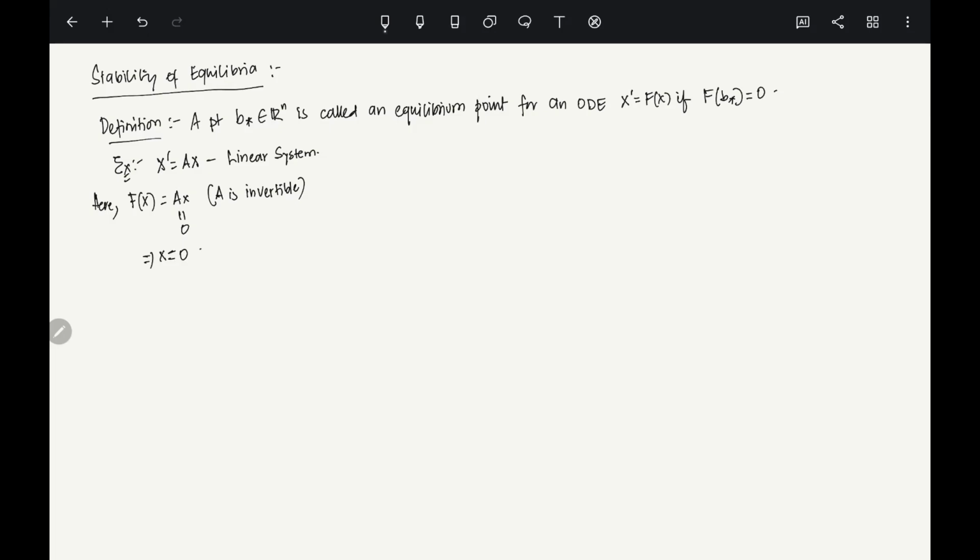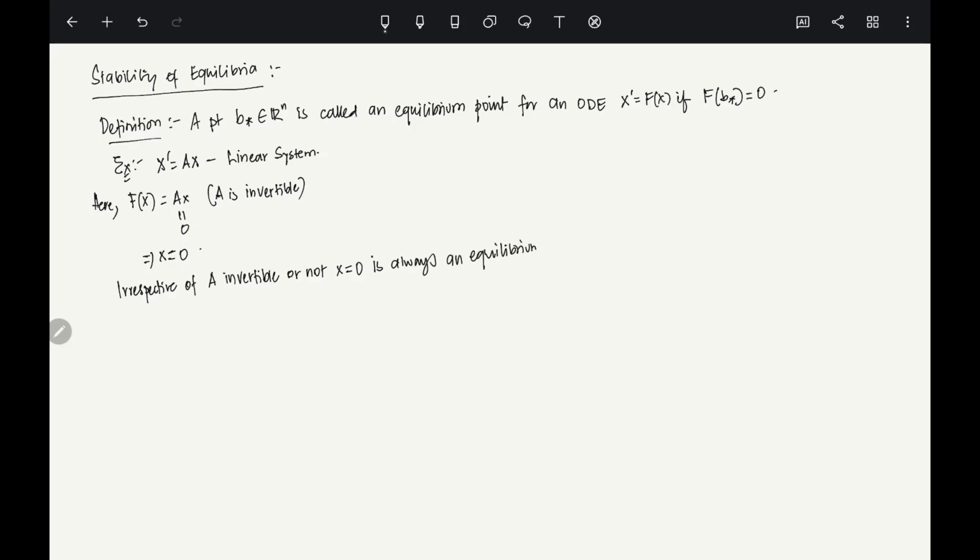Irrespective of whether A is invertible or not, x equals 0 is always an equilibrium point. I hope this is clear.